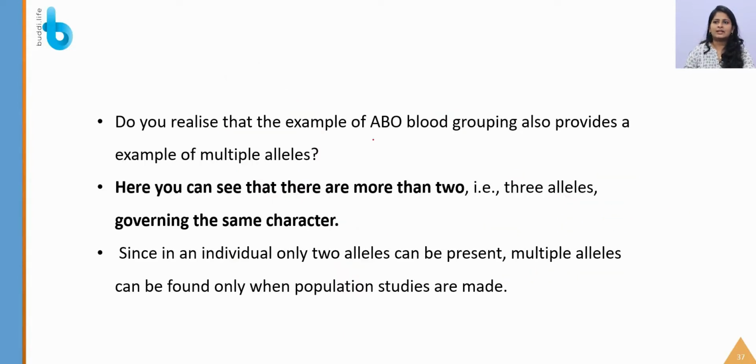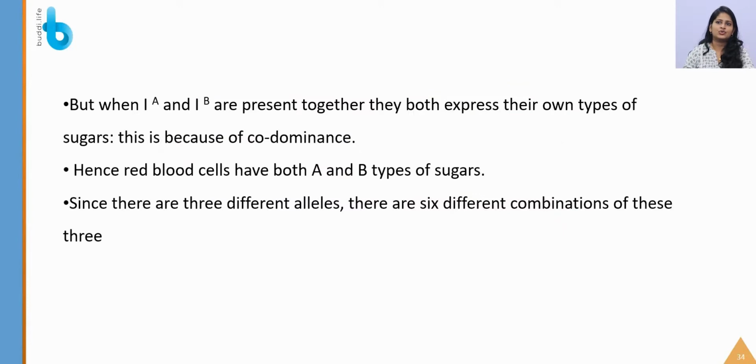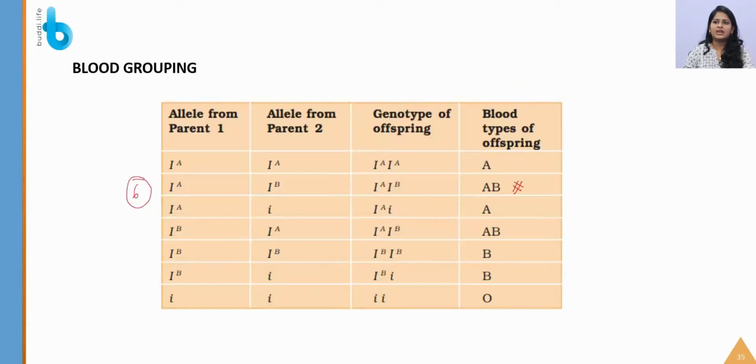Do you realize that the example of ABO blood grouping also provides an example for multiple allelism. Multiple allelism is when more than 2 genes, that is alleles, are governing a particular single character. So you should be careful that ABO blood grouping is an example for multiple allelism, whereas when you take only blood group AB, it is for codominance.